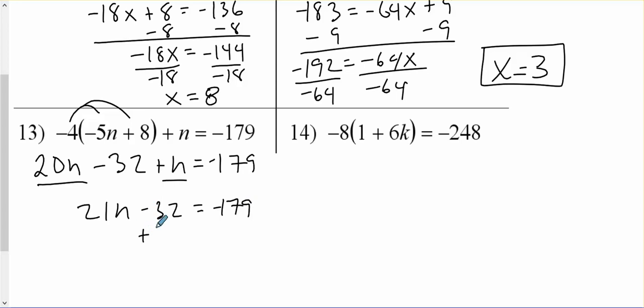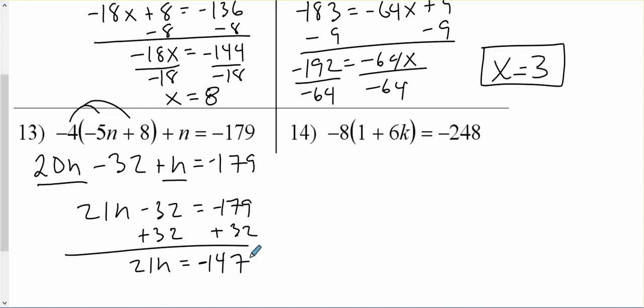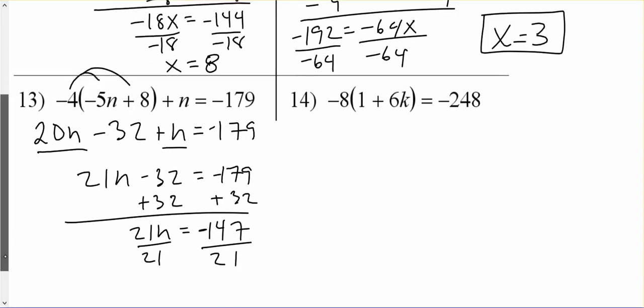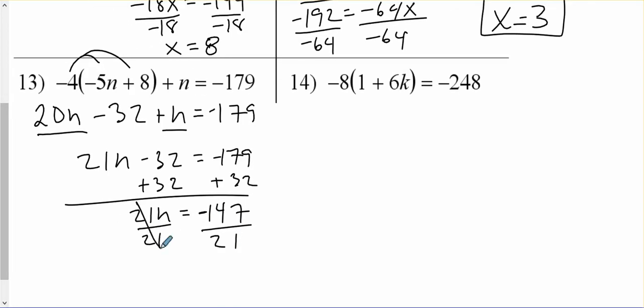We're going to add 32 to both sides. 21n equals negative 147. And so dividing by 21, we get n equals negative 7.